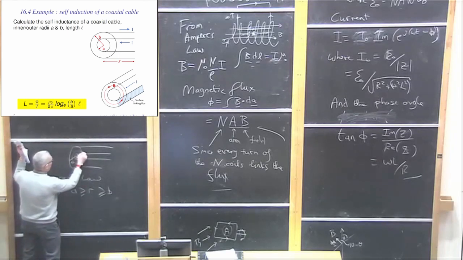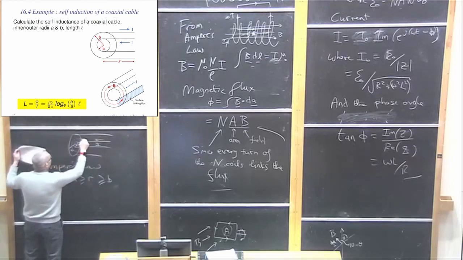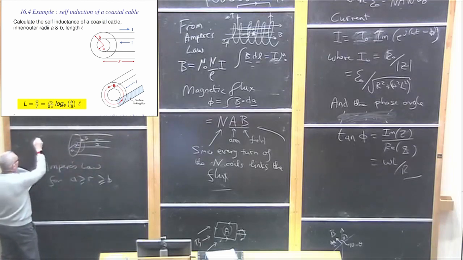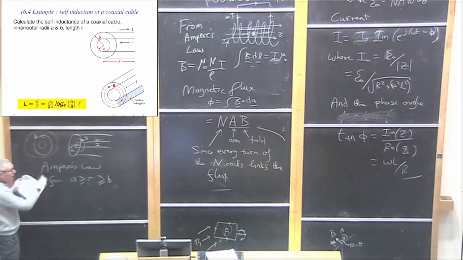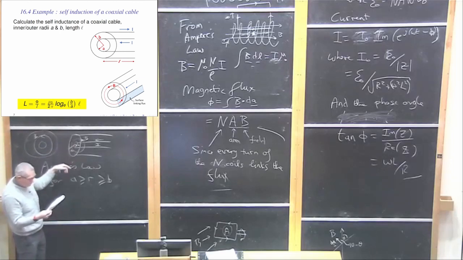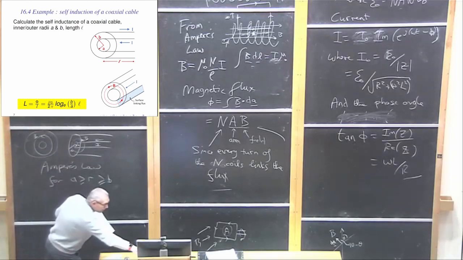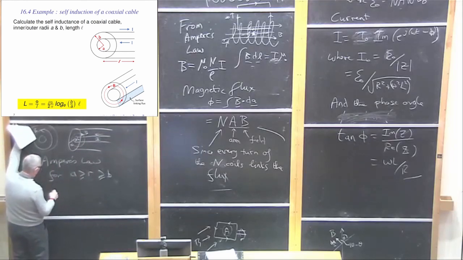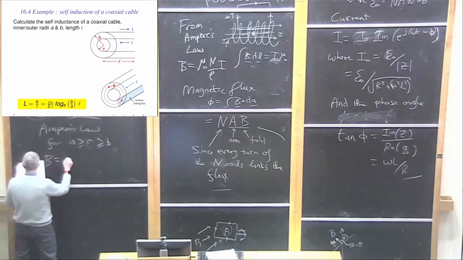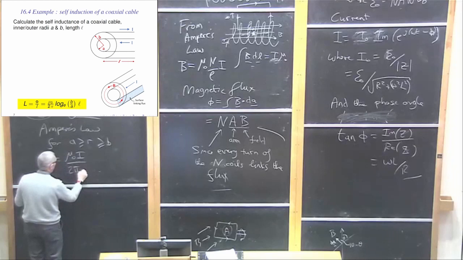Here we have the direction of the field. It's azimuthal, looking head on. It goes round and round, as in the picture here. So the B field, we derived this before, is mu naught I over 2 pi r.